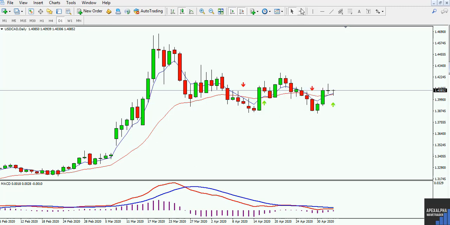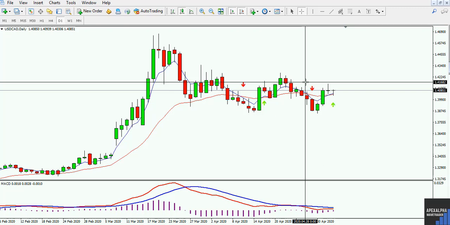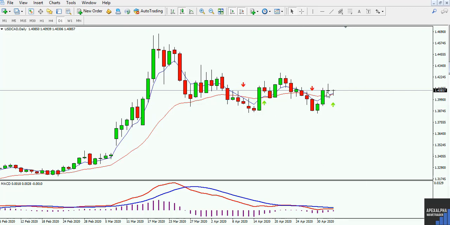So right now what you are thinking of is possibly the market is going to go down, and you can see we have a spinning top here. All right, and if you look at the dollar index, you will see that the dollar index is bouncing and going up right now, but this one looks like it's being resisted.